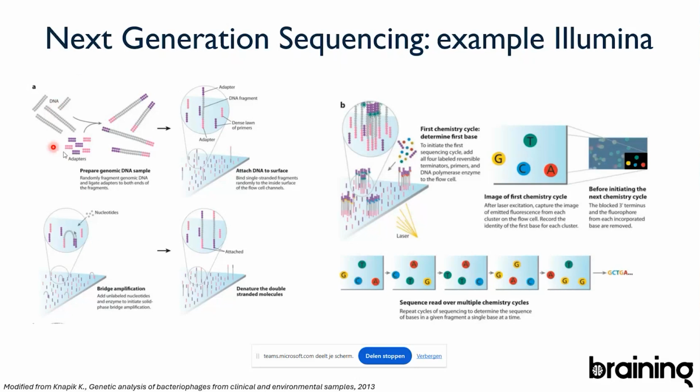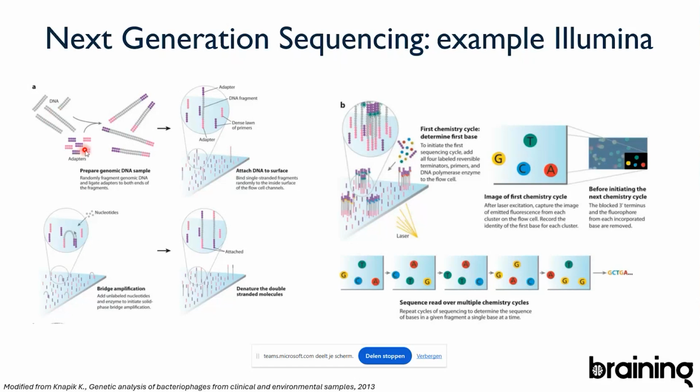you can start from a bunch, a mix of DNA molecules. And basically what you do is you're going to put those DNA molecules on a certain surface, and the surface we call, in technical terms, the flow cell, right? And how are these DNA molecules going to attach to the flow cell?